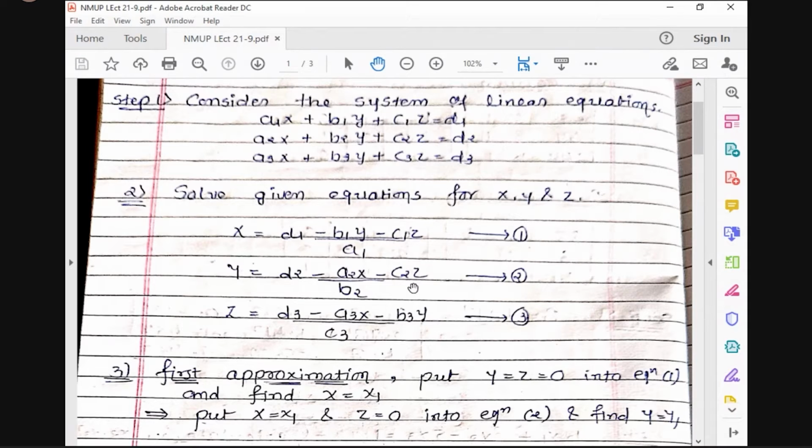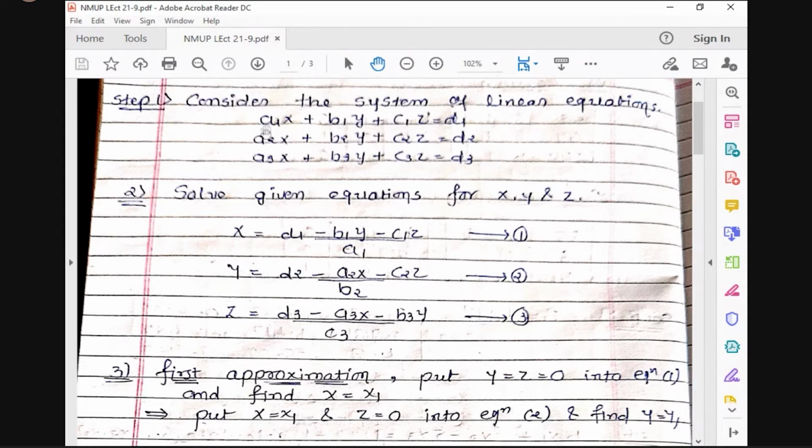In the first step, from each equation we have to find the largest coefficient of x, the largest coefficient of y, and the largest coefficient of z. Got it? Based on that, we write down these equations for x, y, and z.